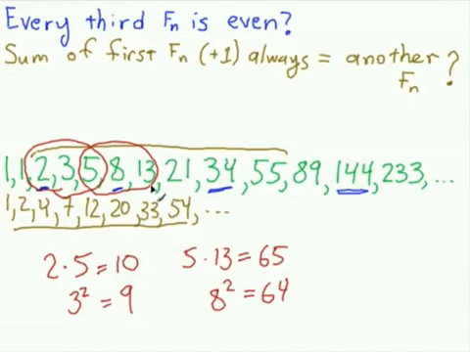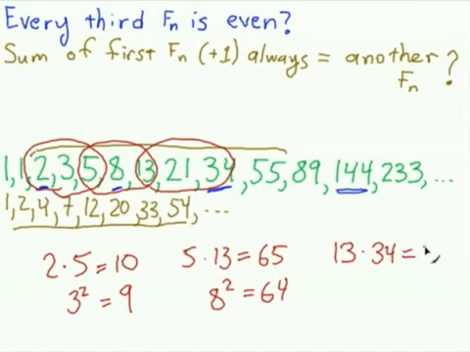Okay, let's try one more example just to see if that pattern seems to be continuing. Let's try 13 times 34, 442, and then the middle number is 21. When I square that, I'm going to get 441. Again, these two numbers are pretty close, off by 1.